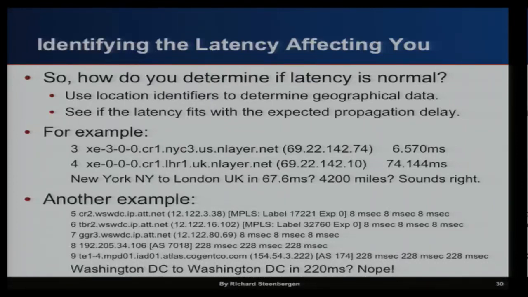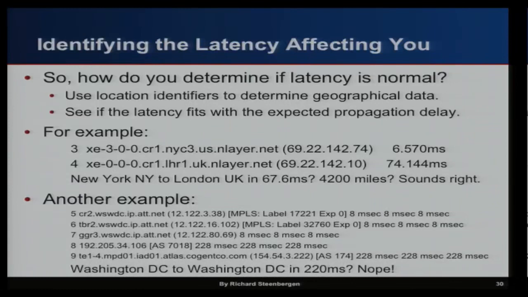Sounds about right, actually. There's another example where you see the latency shoot up from, you've got WDC on hop 7 here, AT&T, and you're still in IAD, that's also DC, in hop 9, and yet the latency has shot up 220 milliseconds. That's probably not speed of light related.